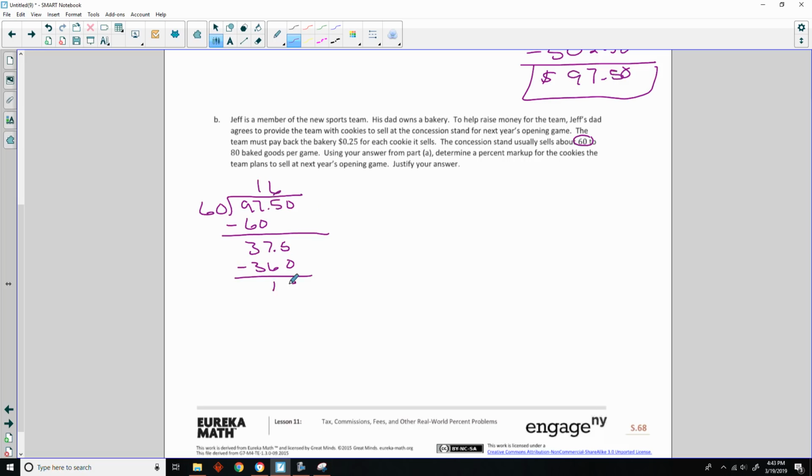And bring down the 1, 5, and then the 0. 6 goes into 15 2 times. 6 times 2 is 12. Subtract and get 30.